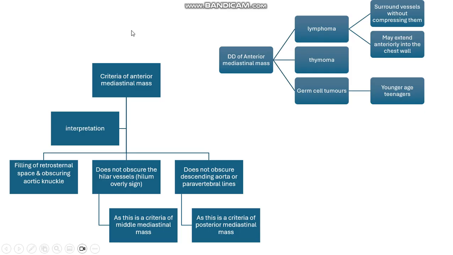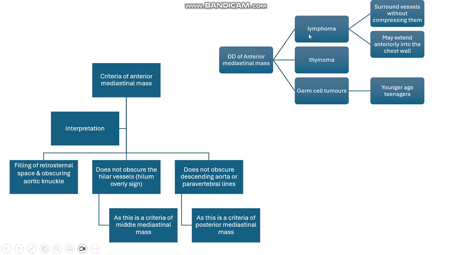So in this case, his age was 21. So lymphoma and the thymoma is most likely in this case because he is an adult. Germ cell tumor is expected in a teenager.